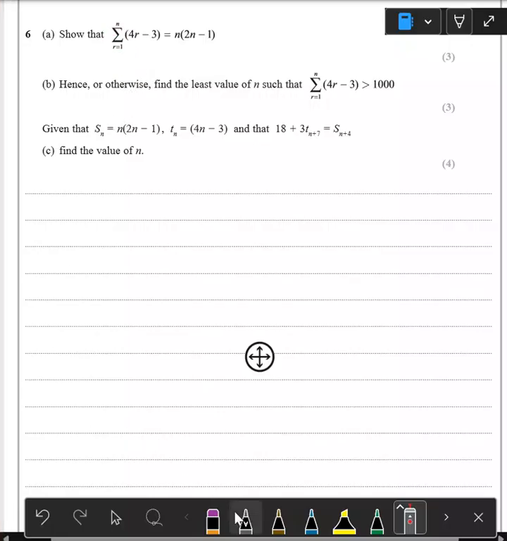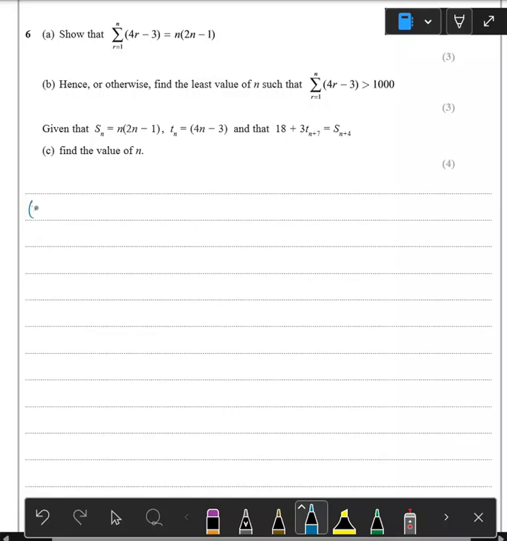It is a shortcut way of writing the summation of the terms from the first term to the nth term, which could be the 10th term or the 11th term or the 100th term. It could be anything.